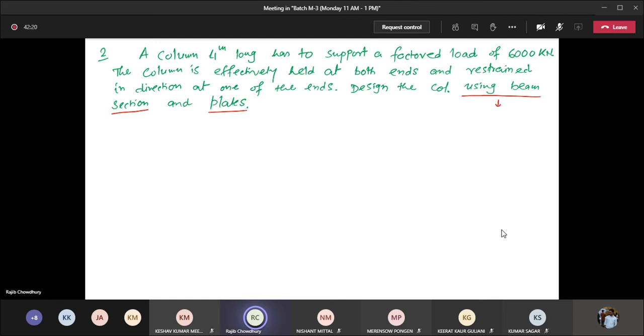Beam section means it is an ISMB, B stands for beam, or ISHB heavy beam, or ISWB, or ISLB, light, medium, high, and W beam, wide beam. And using the plates, on the top and bottom you can use the plates also. So this is the problem statement in a design sense. Please think of how we proceed, and accordingly we can proceed.